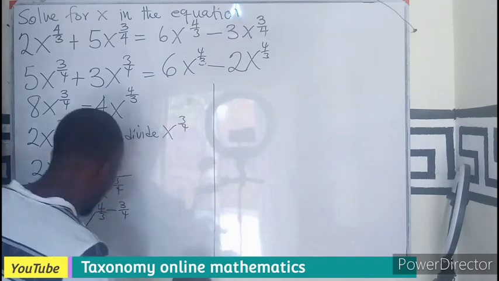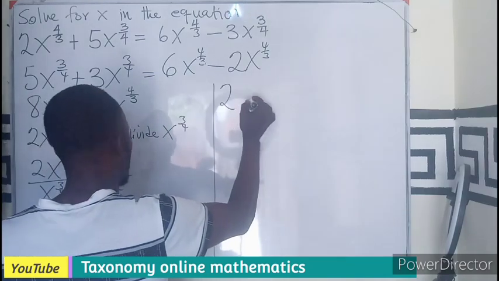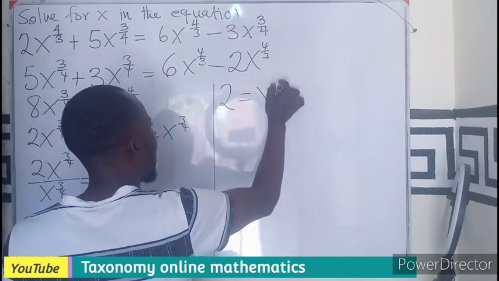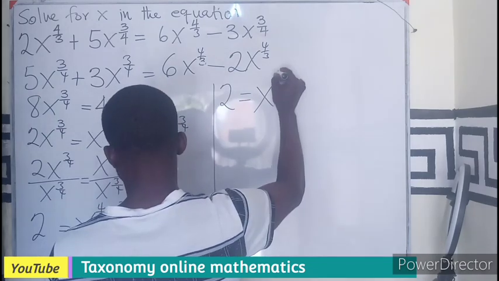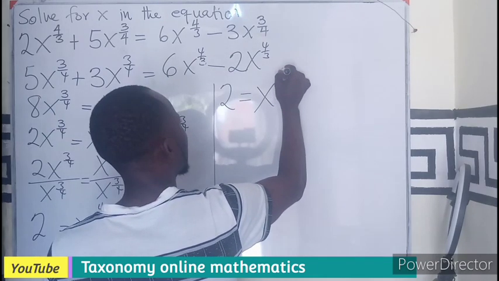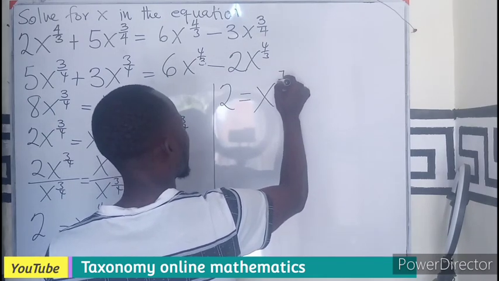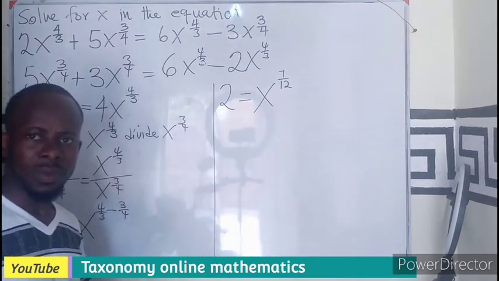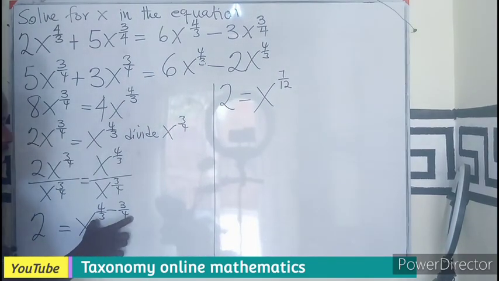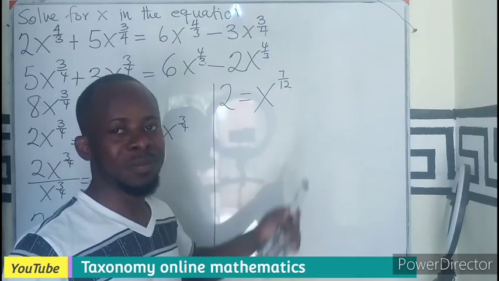So our equation becomes 2 equals x to the power 7 over 12. Using the denominator 12 to multiply, 16 over 12 minus 9 over 12, 16 minus 9, I believe that will give us 7.